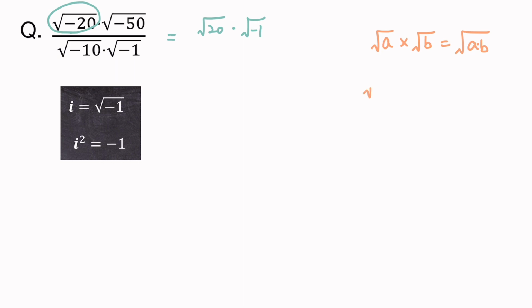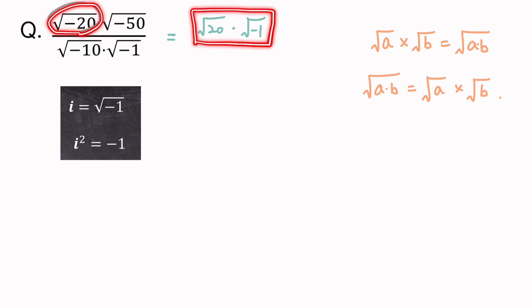Consequently, the square root of a times b is equal to the square root of a times the square root of b, and that's what I'm doing. I am dividing -20 into 20 times -1, and rewriting the square root of -20 into this expression. You're going to find out why I did this in just minutes. And I'm going to do the same for all those three numbers.